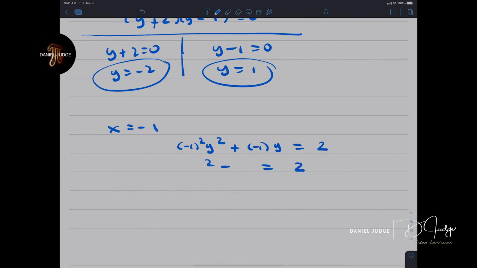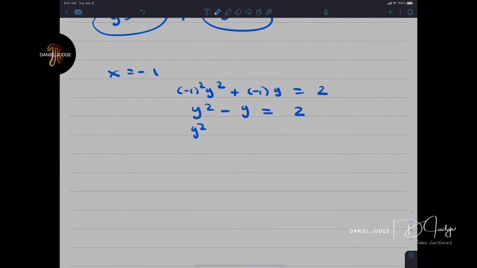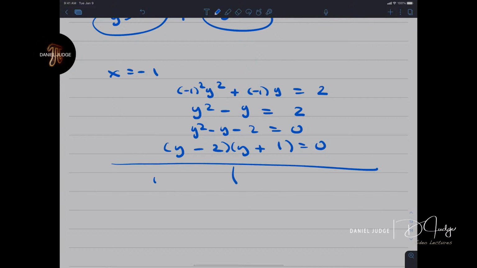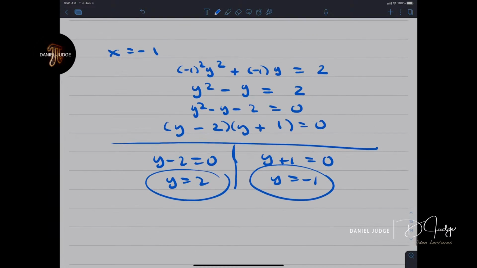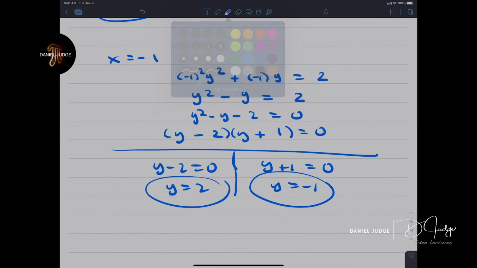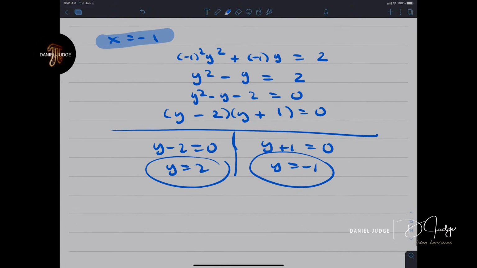Y squared minus y minus 2 becomes 0. I can solve this by factoring as well, using the zero product rule. Y minus 2 is 0, or y is 2. Y plus 1 is 0, or y is -1. And this happens when x is -1.